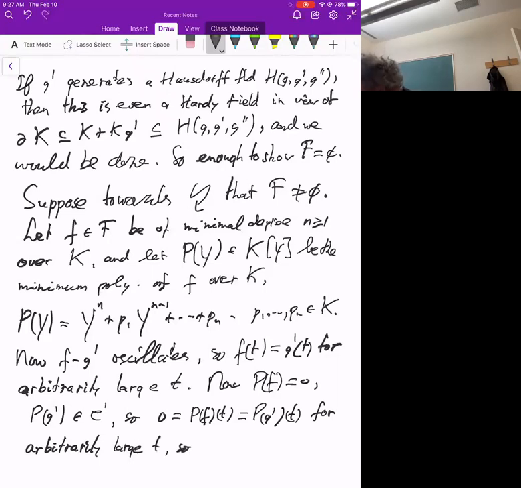So that means that P(g prime) must oscillate. So P(g prime) oscillates.